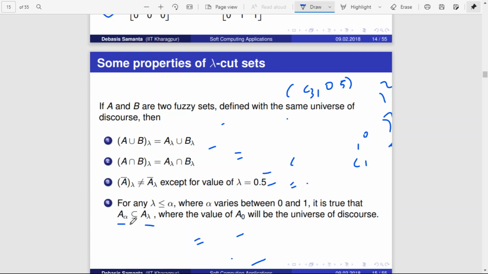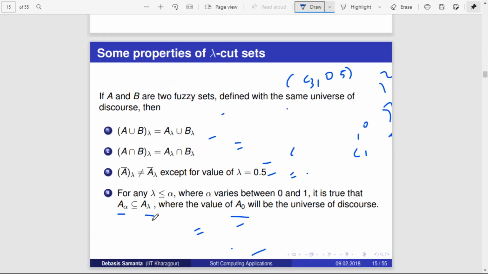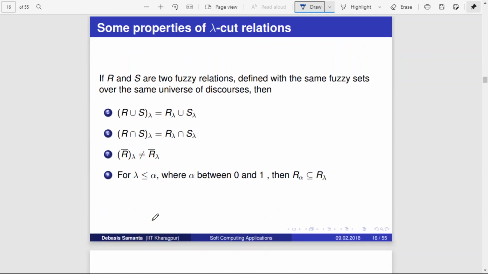A0 will be the universe of discourse, because A0 means anything greater than or equal to 0, so everything will come here. So these are some of the properties of alpha cut.